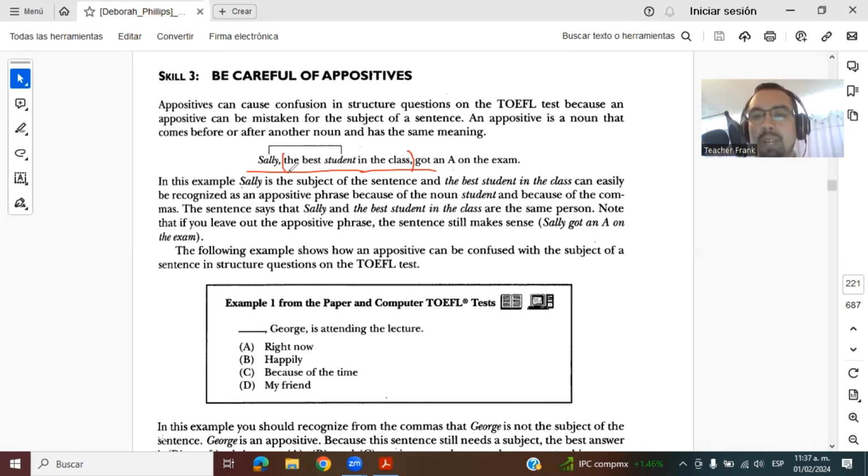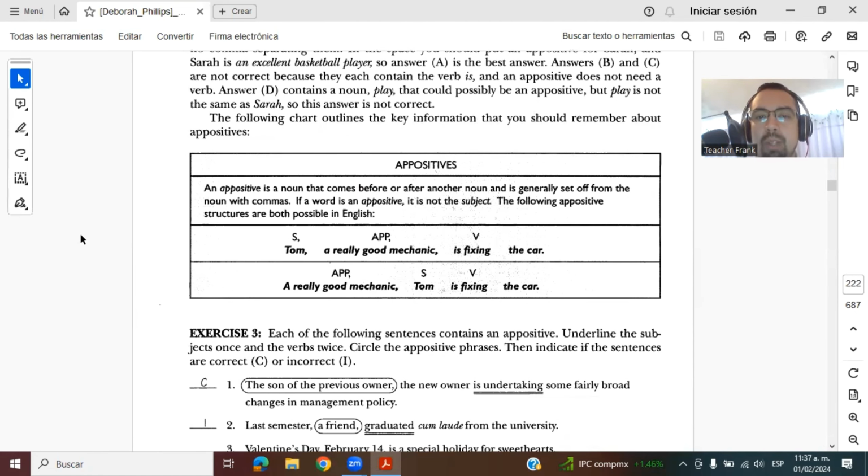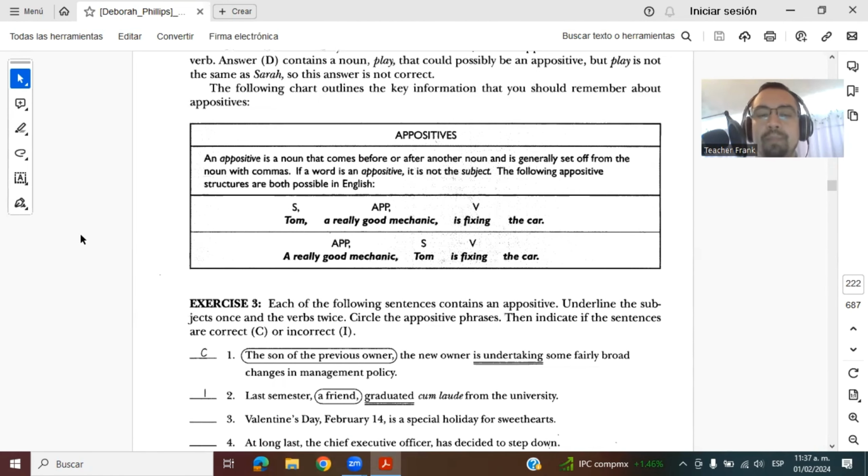It's like an adjective, right? It's just describing, and that's what we called an appositive. Now, the appositive can either be in between parentheses or at the beginning, right? When it has a comma before it. So here we have the structure, right?